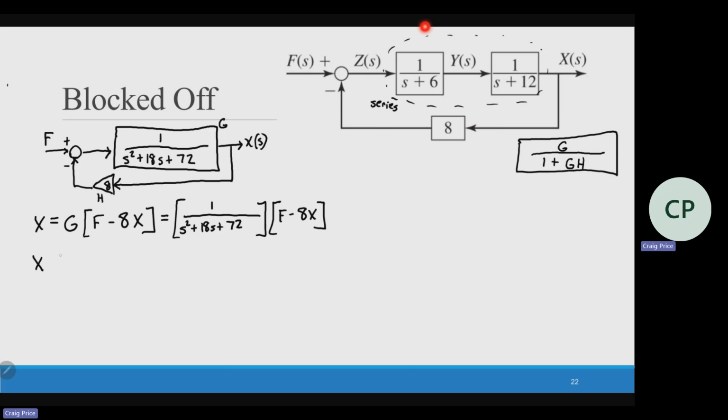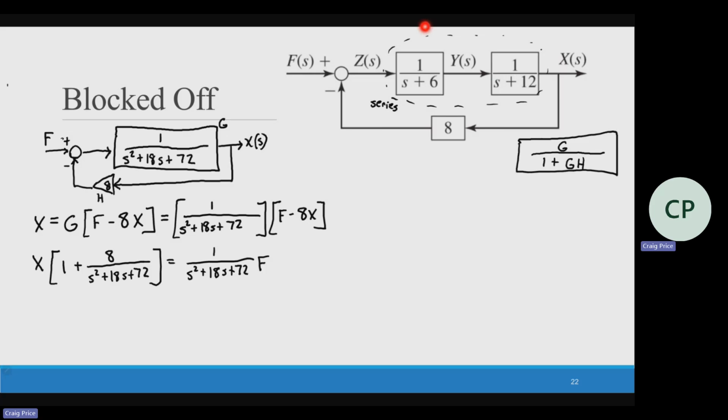So x, we have 1 on this side plus 8 over s squared plus 18s plus 72. This is equal to 1 over s squared plus 18s plus 72 multiplied by the input s.